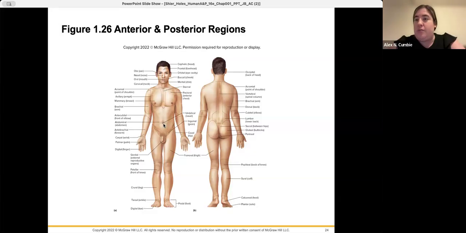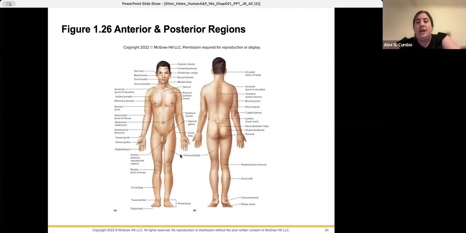Your belly button, where your umbilical cord used to hang out, is called your umbilicus, so umbilical would be the term for that. And we use the term abdominal for the abdominal compartment. There's lots of terms in here.